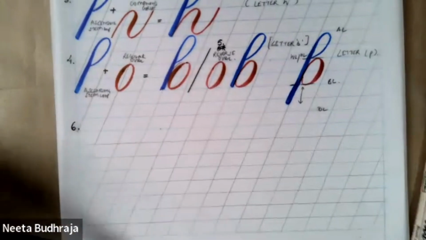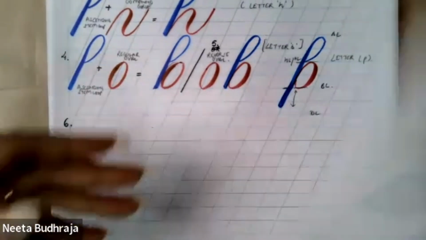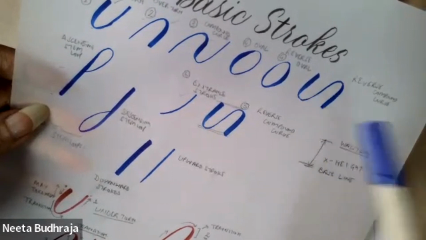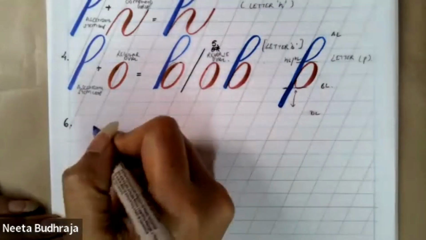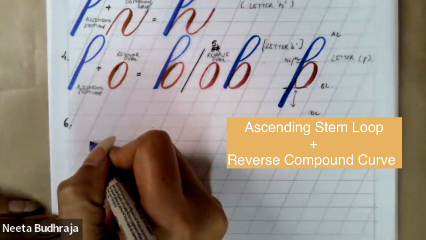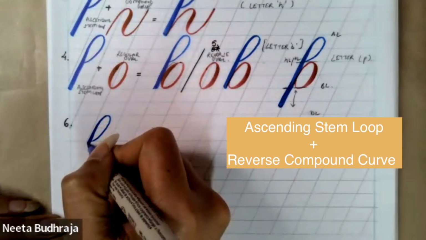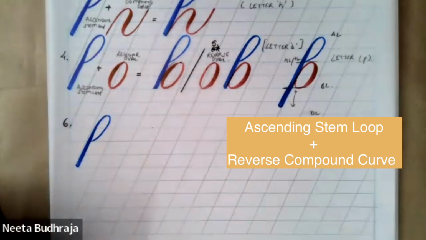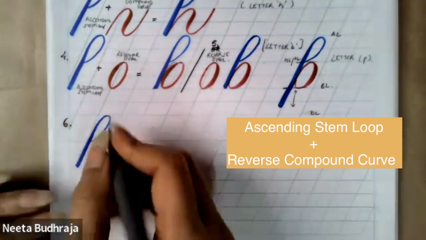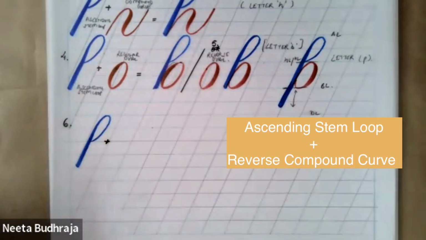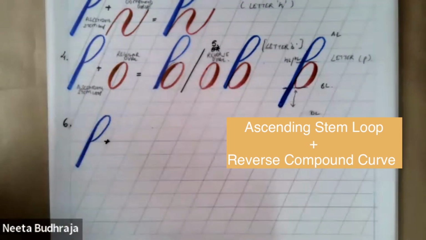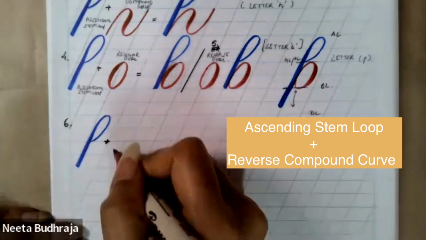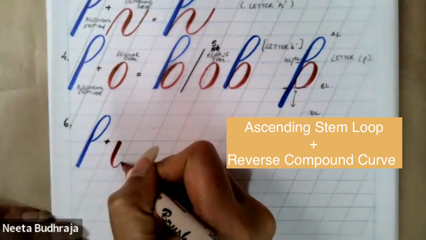So that is ascending stem loop with our reverse compound curve. Let's have a look at that. Ascending stem loop, and I want to combine it and check if there is any other combination or any other stroke or connection between the letters or creating the letters with our reverse compound curve.